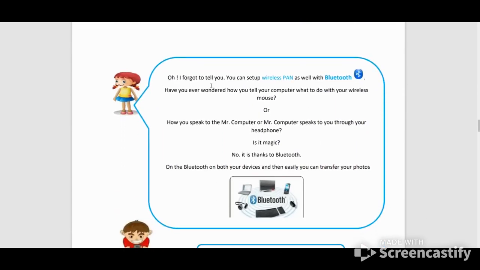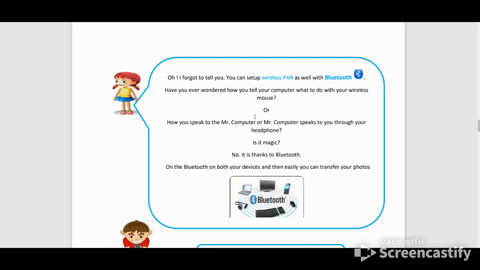Oh, I forgot to tell you. You can set up a wireless PAN as well with Bluetooth. Do you know Bluetooth? I'm pretty sure you have heard about that. You are Junior Techies. Have you ever wondered how you tell your computer what to do with your wireless mouse? You have learned about the wireless mouse earlier.